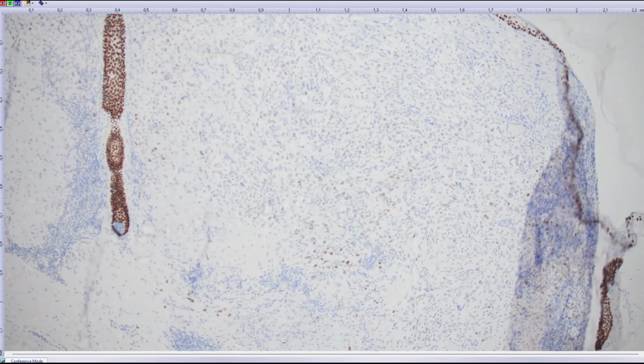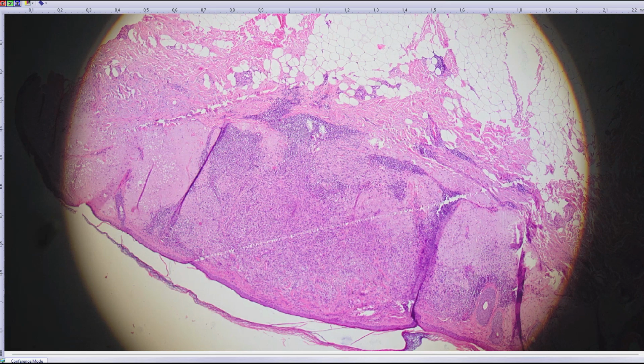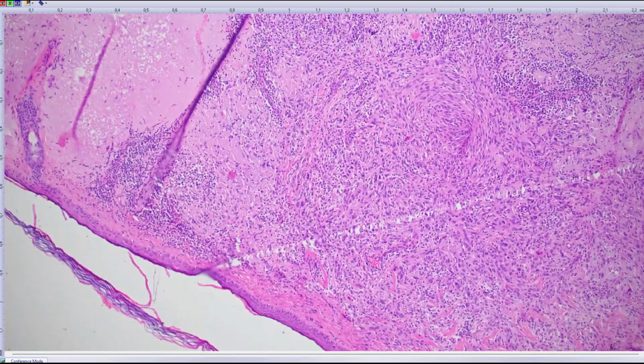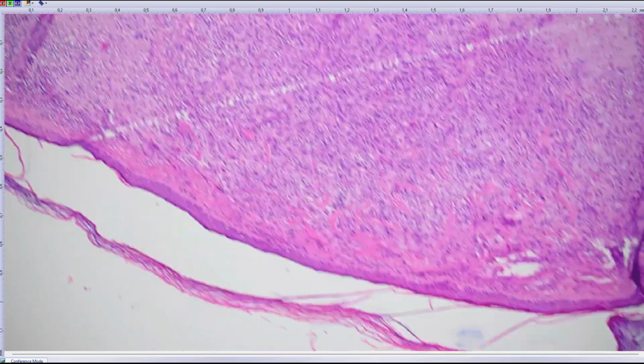So here we are stuck with a differential of sarcomatoid squamous cell carcinoma and atypical fibroxanthoma, because the lesion is very superficial and mostly immunonegative. There is high-grade dysplasia in the epidermis, as I saw very quickly. But this is well described in atypical fibroxanthoma as well, so it's not really helpful.